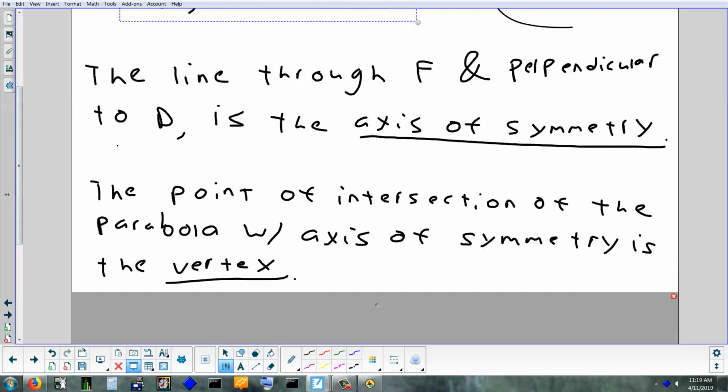Depending on which way your parabola is drawn, up, down, left, or right, the vertex is either the lowest, the highest, the rightmost, or the leftmost point. It's where the line of symmetry crosses the parabola.